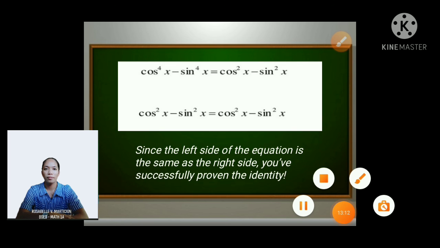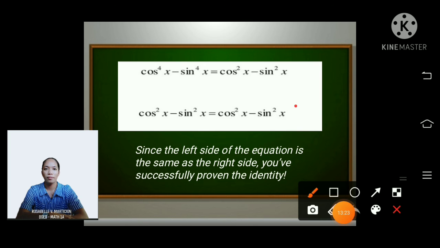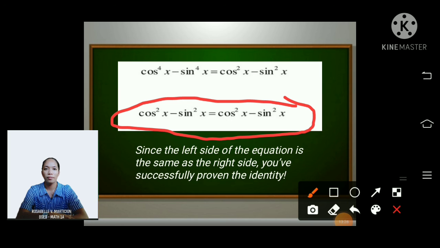Since the left side of the equation is the same as the right side, you have successfully proven it. The answer on the left side and the right side are the same.